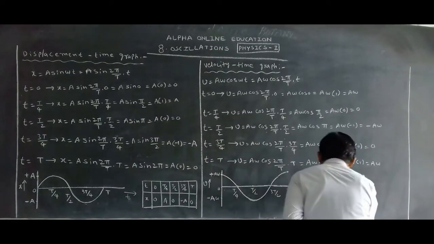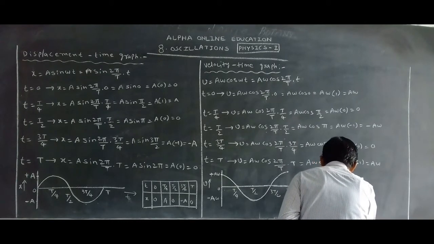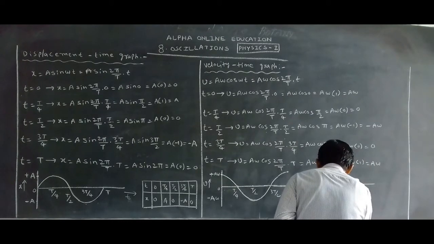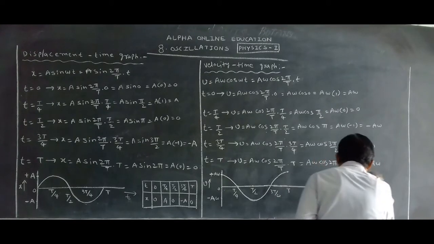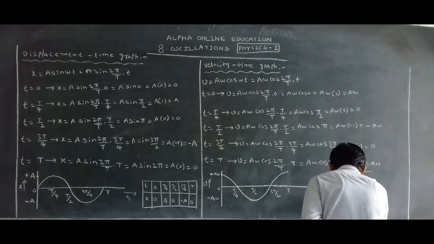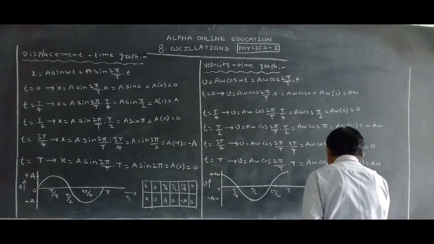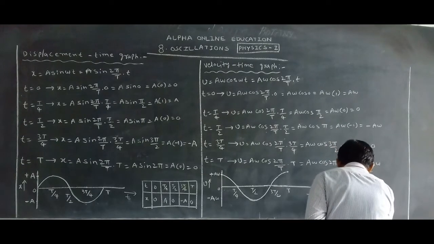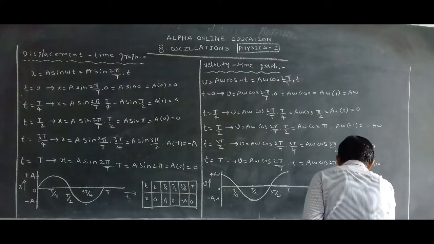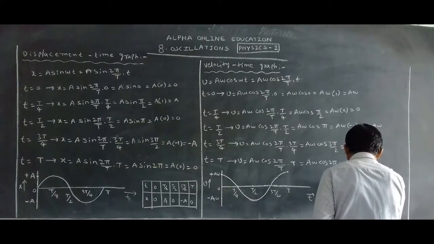Now we want to take a table. What is a table? Time versus velocity. When t is equal to 0, v is equal to a omega. Then what about t is equal to T by 4, second step? Velocity is 0. Next, one fourth of the time period is complete.